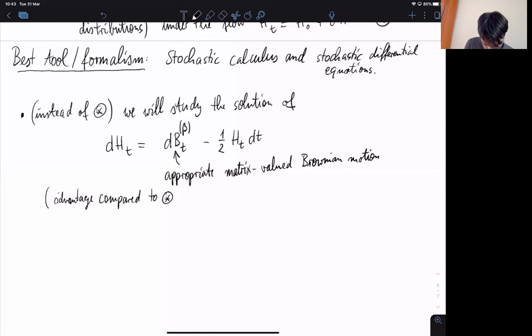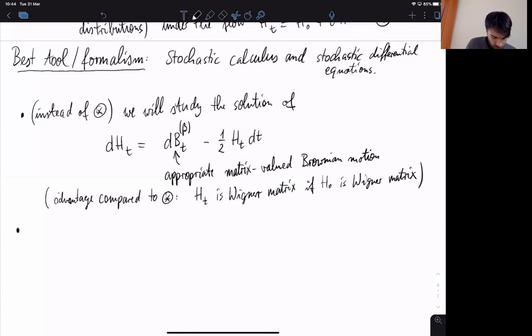And the advantage compared to star is that HT is a Wigner matrix if H0 is a Wigner matrix. So that's somehow a flow which lives on the space of Wigner matrices. And then there's, of course, a much more complicated evolution on the eigenvalue level.